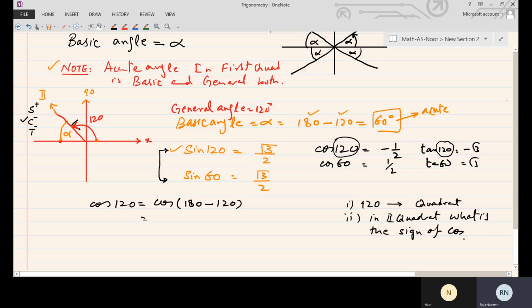I mean we are taking the ratio cos, so we know that in second quadrant cos is giving you an answer in minus. Then cos of 180 minus 120 is equal to cos of 60. So cos 120 is equal to minus cos 60.